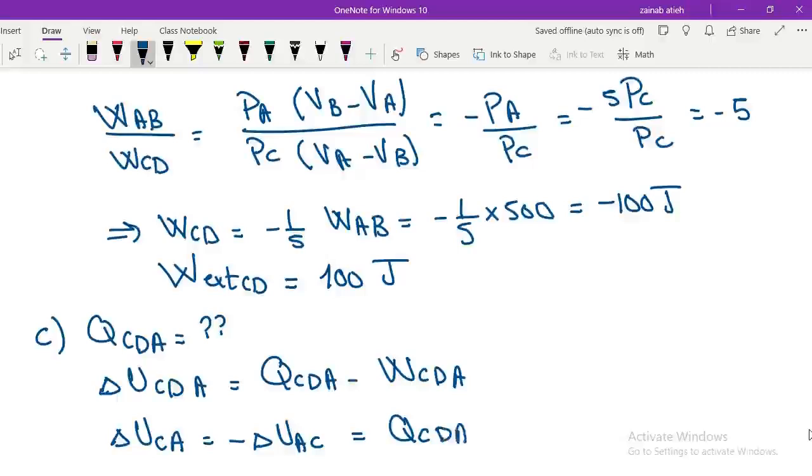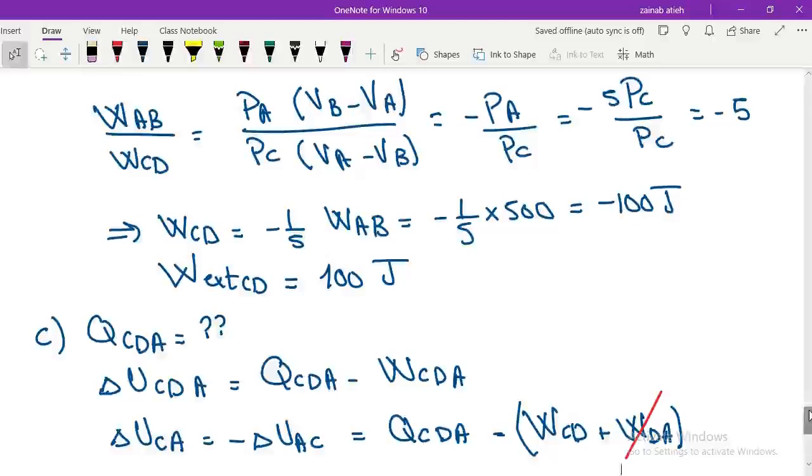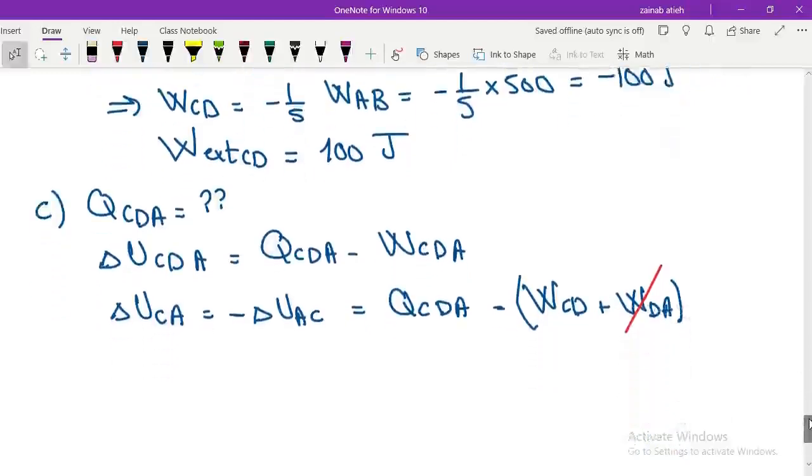I only care about initial and final, which is equal to QCDA minus, so the work is divided in two parts. It's WCD plus WDA. So you can see that DA is an isochoric process. The work here is 0, so this will be removed. The CD I have already calculated, it's minus 100. So I will substitute minus 800.